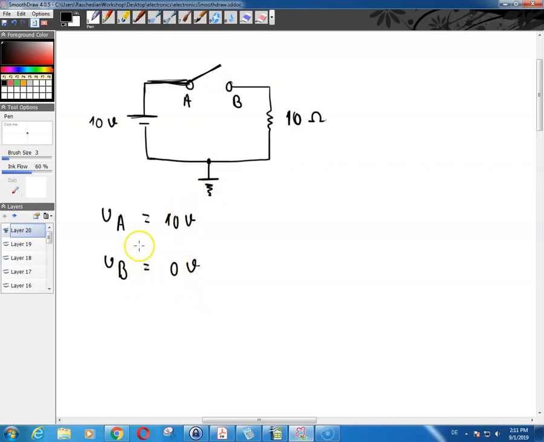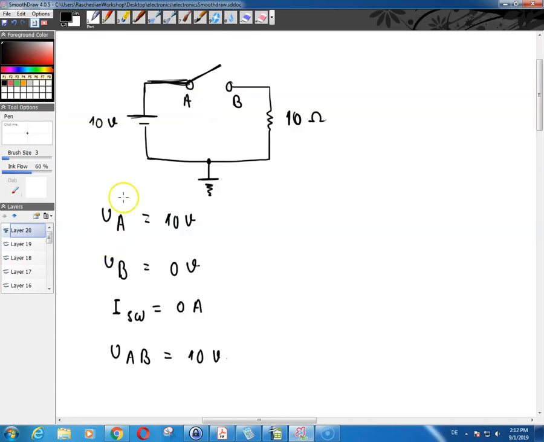And the current going through this switch, I call it I of SW, is equal to 0 amps. And the voltage drop across the switch, V of AB, meaning the voltage that you read on these 2 points, is going to be the power supply voltage, 10 volts. The full power supply voltage is going to be dropped across your switch, because your switch is open.